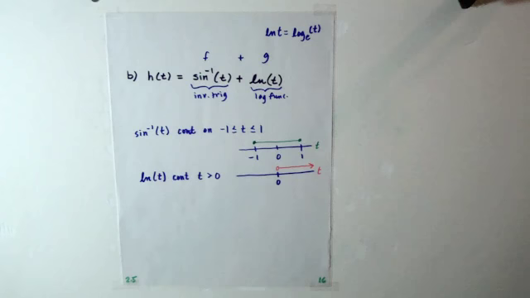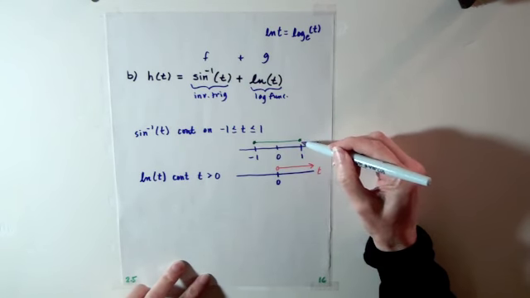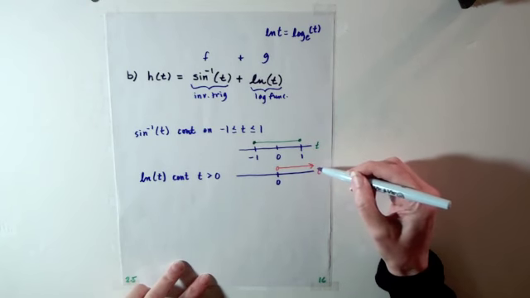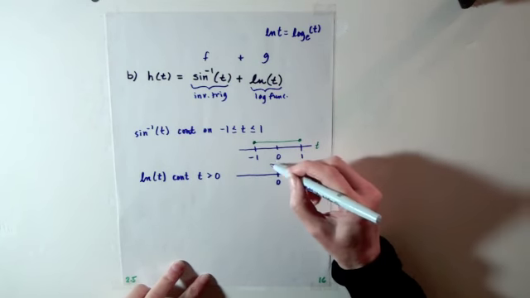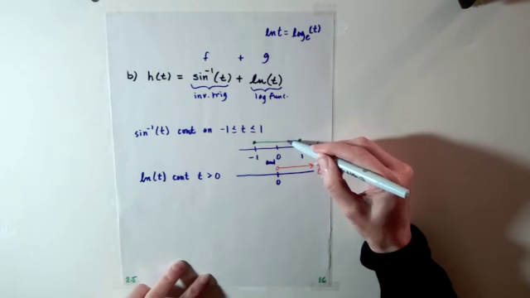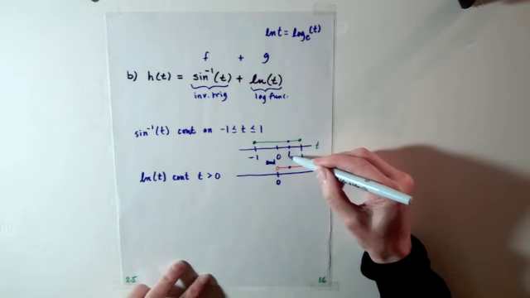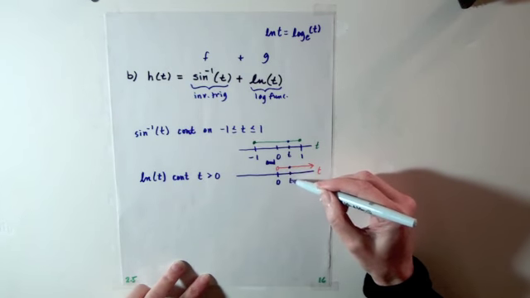And just as we talked about earlier when we were talking about purely algebraic functions, we have to look for values of t that are both in this green set of numbers and in the red set of numbers at the same time. So that's the kind of t value that we want.